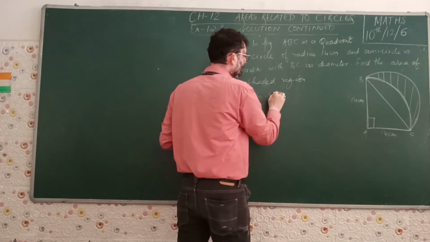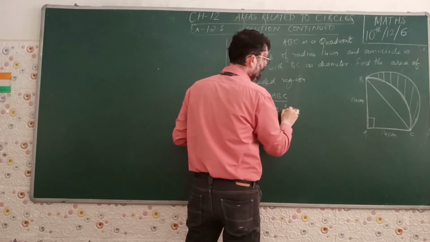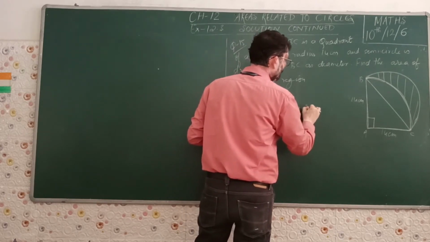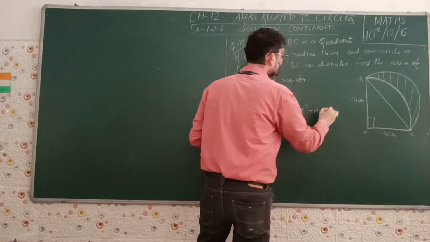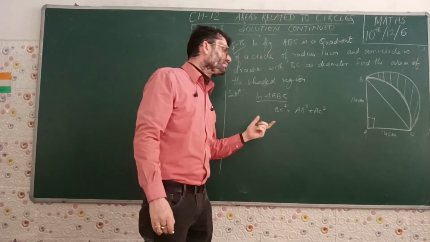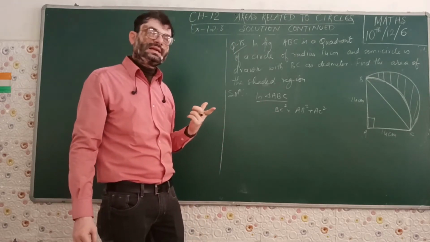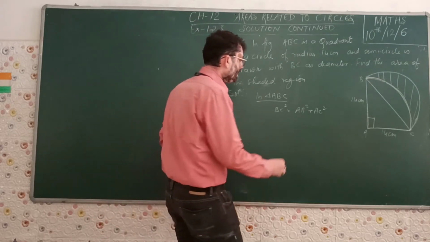So in triangle ABC, BC square is equal to AB square plus AC square, by applying the Pythagoras theorem. That is, the sum of the squares of the two sides is equal to the square of its longest side, that is the hypotenuse. Let us find BC.